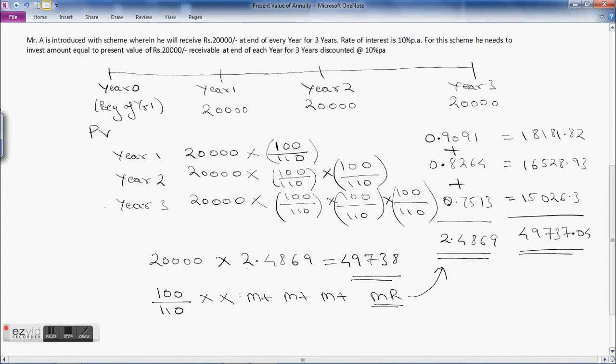2.4869. Now in some calculators there is a different setting. So you can try this, but you need to cross verify that your calculator is giving the correct answer.